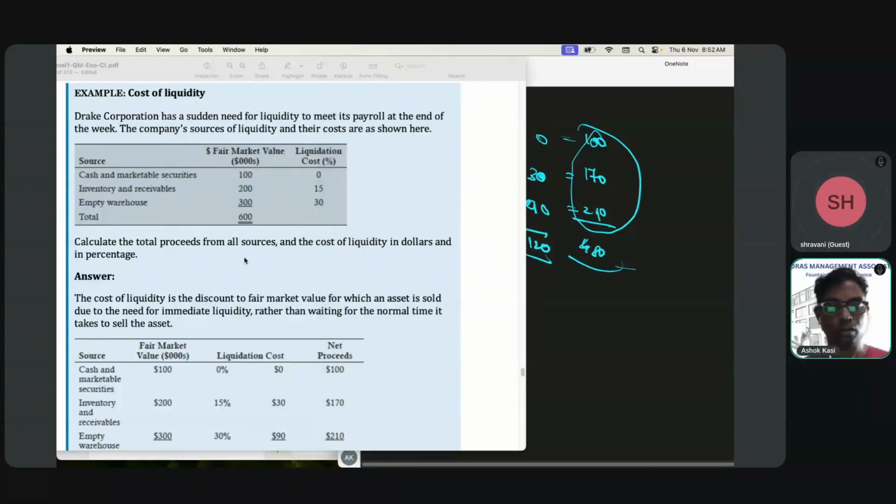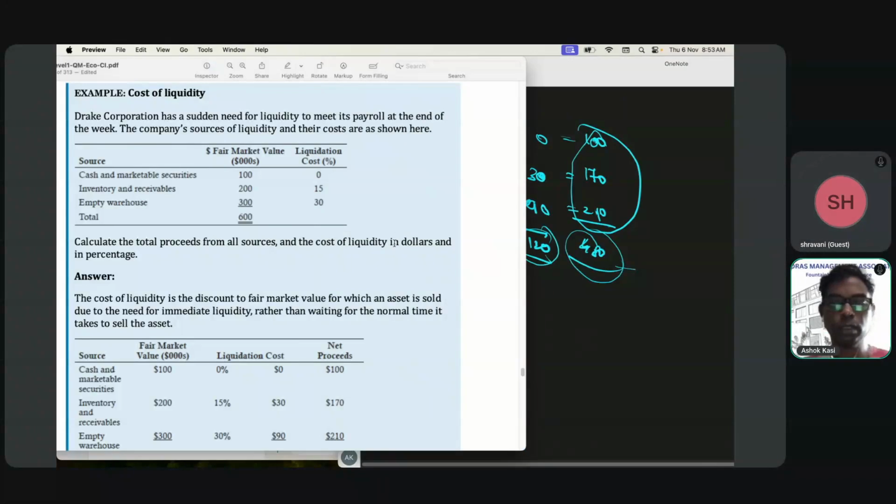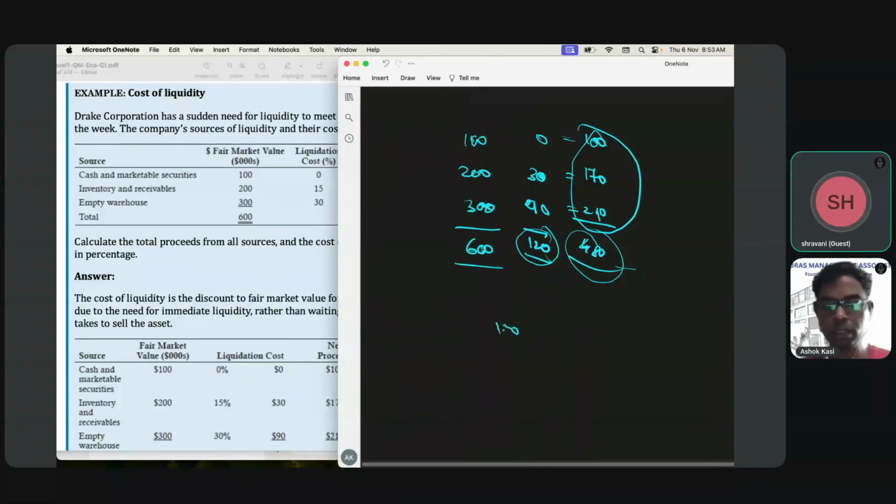Okay. So now the question is, calculate the total proceeds. Total proceeds is 480. And the cost of liquidity. Cost of liquidity is 120 in dollars. In percentage, 120 means 120 is gone out of 600.